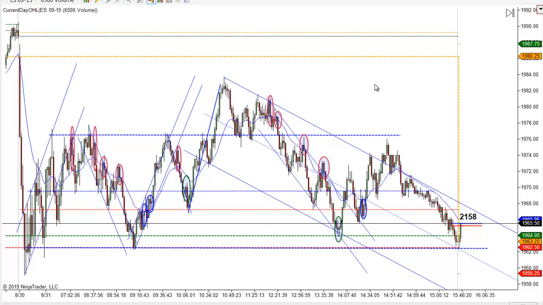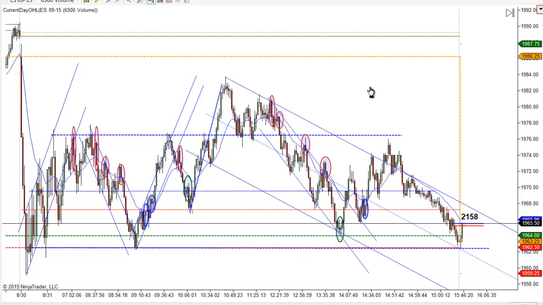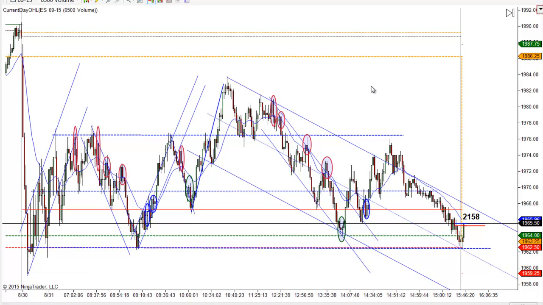One other thing I want to say, I've been getting a lot of questions lately about the 2000 tick or the 6500 volume. They're exactly the same. There's not much difference in them. The reason we used to teach the 2000 tick and changed is because the CME changed the way the ticks were counted, so it messed up our 2000 tick chart.